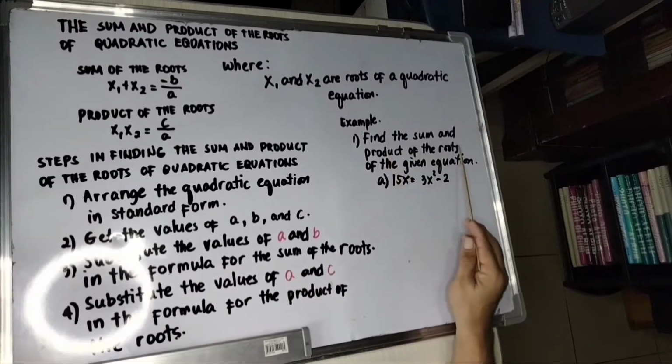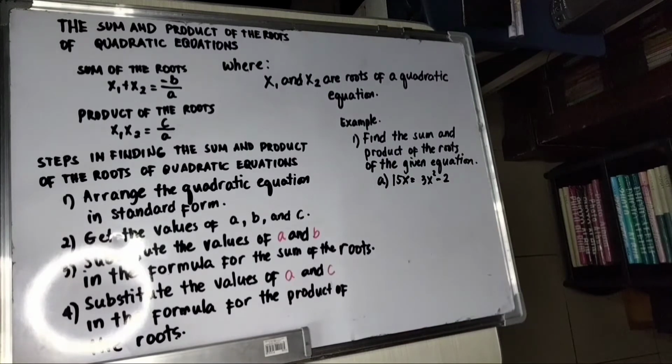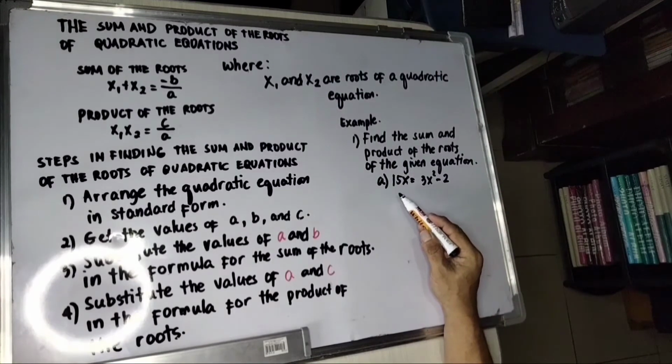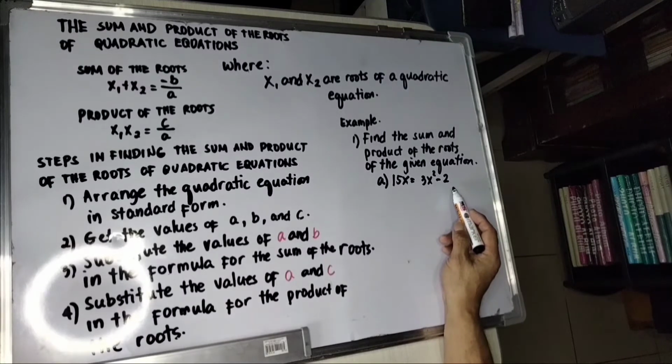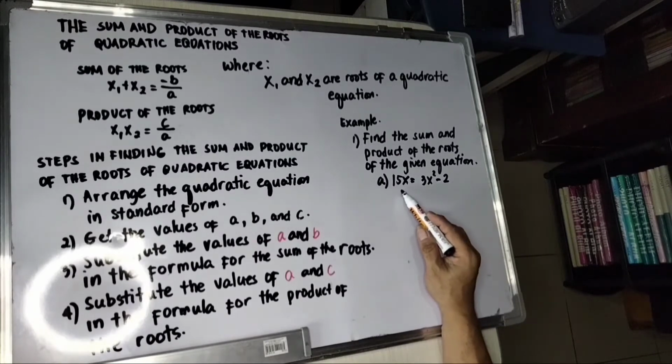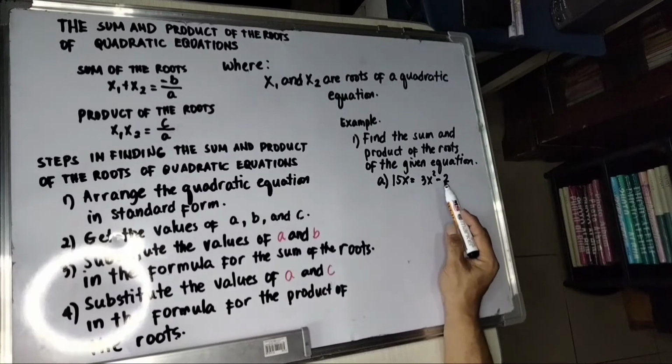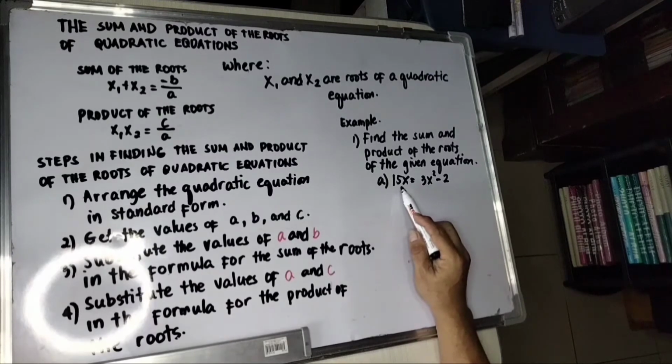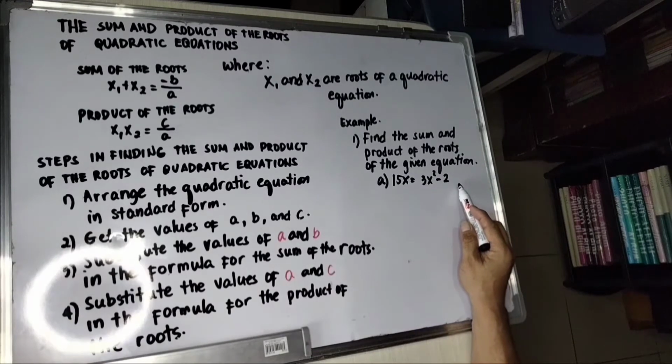Example, find the sum and product of the roots of the given quadratic equation. The quadratic equation is 15x equals 3x squared minus 2. The given equation is not in standard form, so we are going to rearrange the terms. 15x should be transferred to the right side of the equation in order to form a standard form of the equation.